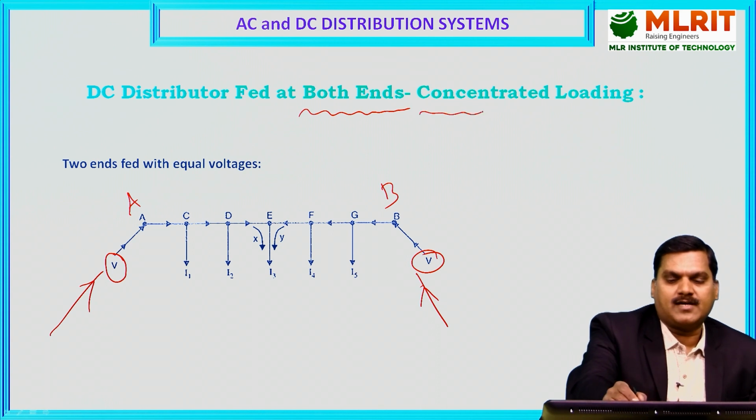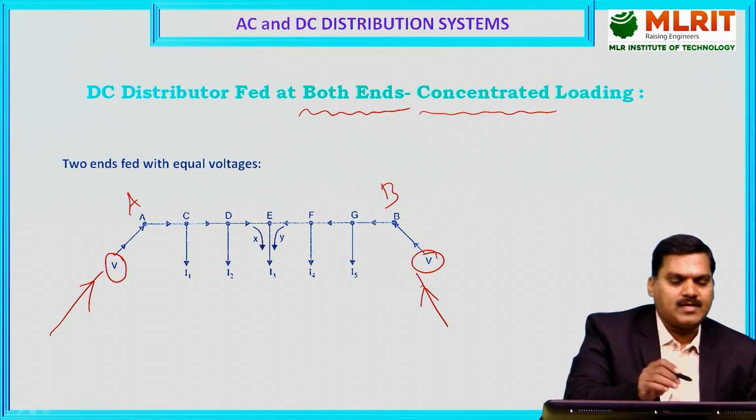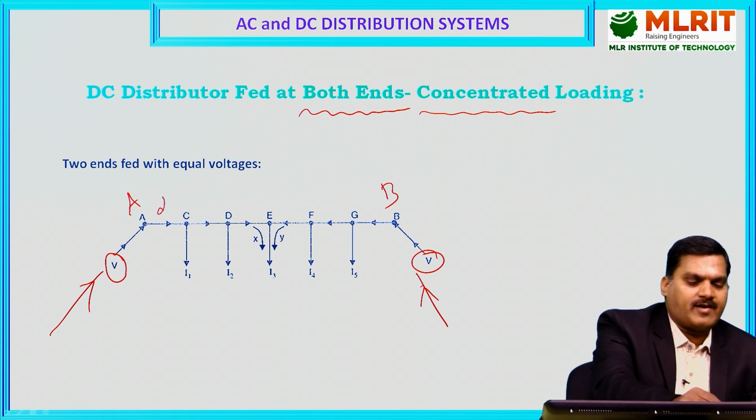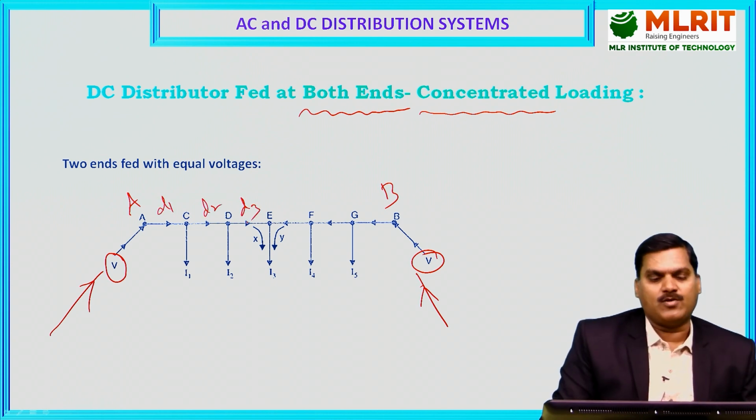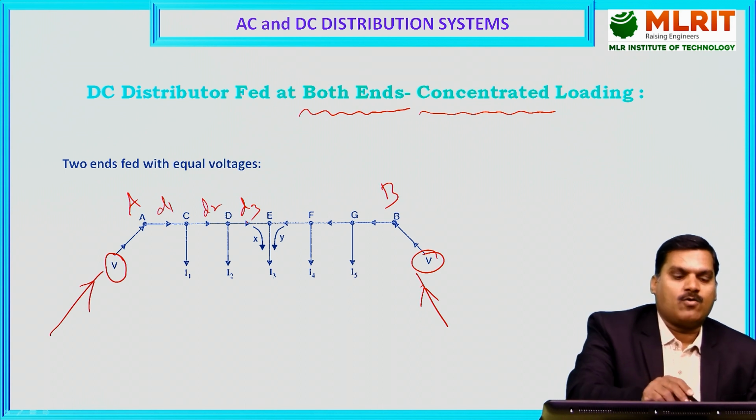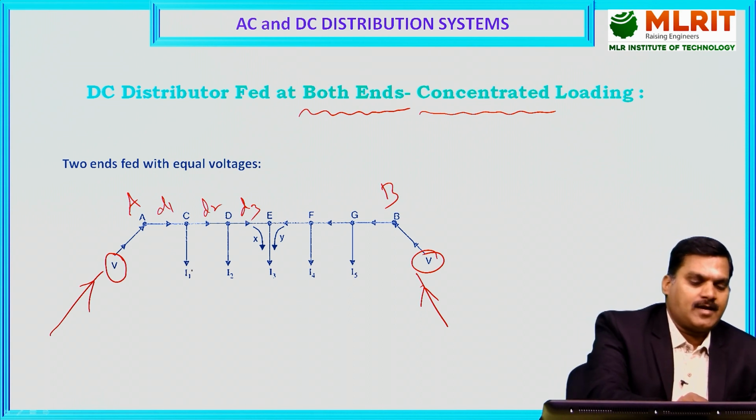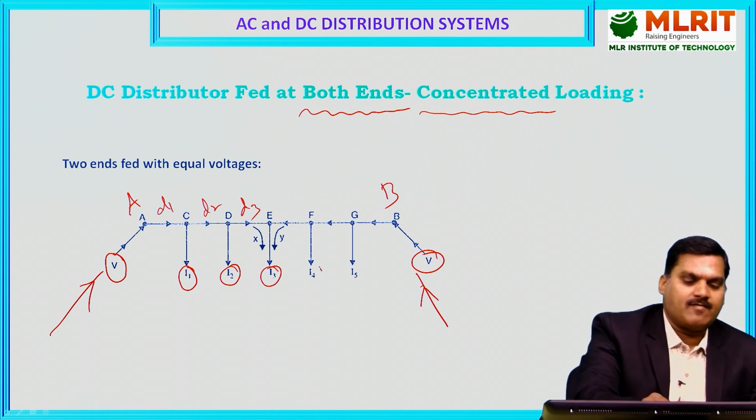Again, concentrated loading means the distances D1, D2, D3 are different, not uniformly loaded, with different loads I1, I2, I3, I4, I5.